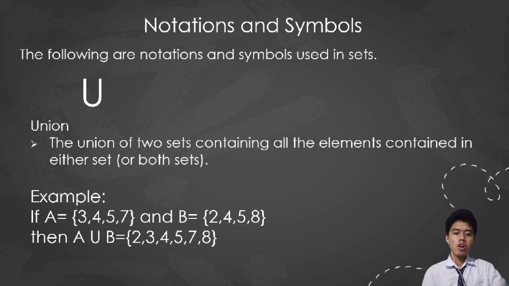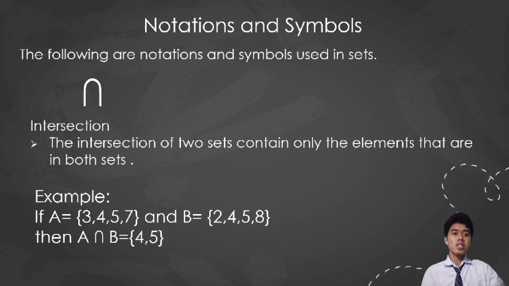So, example natin dito, if set A is equal to 3, 4, 5, 7, and yung set B naman natin is 2, 4, 5, 8, then yung A union B is equal to 2, 3, 4, 5, 7, and 8. Kung may mga nauulit na number, isang beses mo lang siyang isusulat sa union. So, remember that yung union is, ililist mo lahat ng element na meron yung set A and yung set B. Pagsasamahin mo siya sa union.